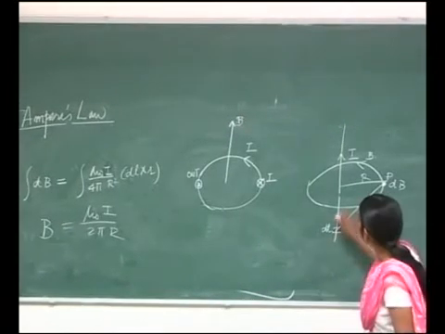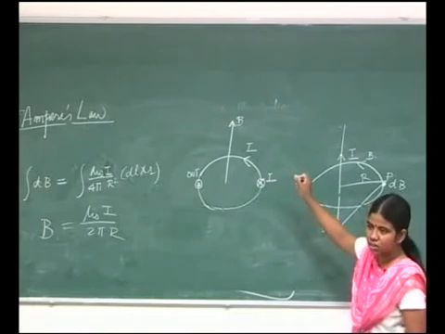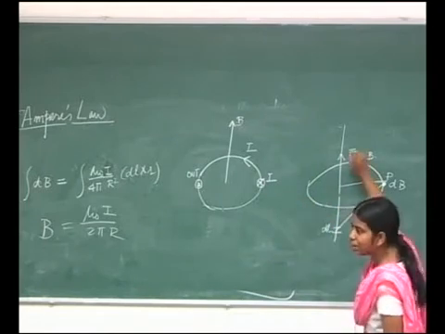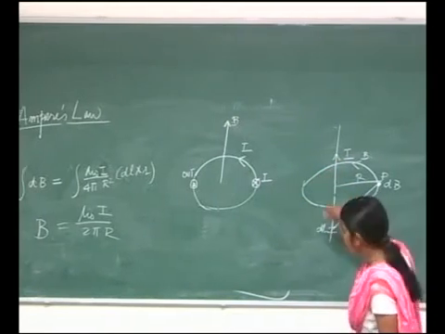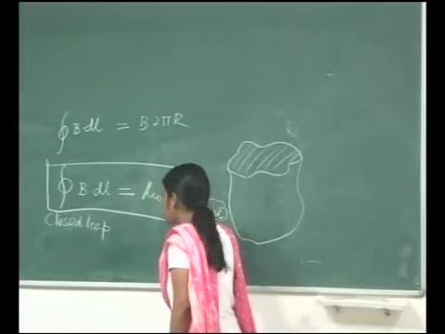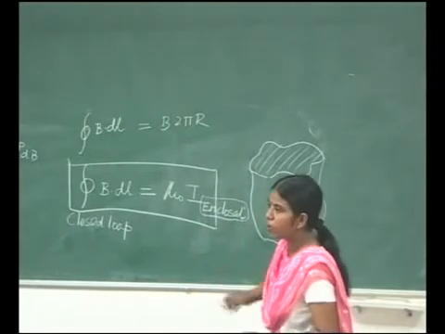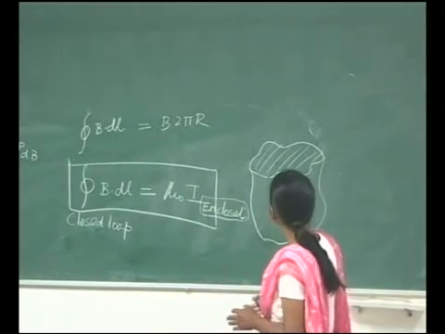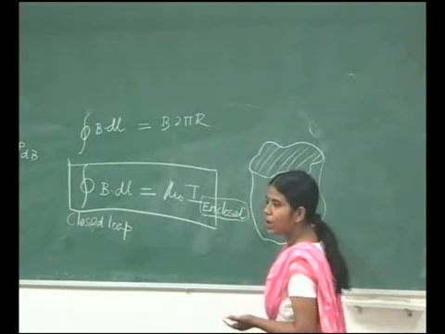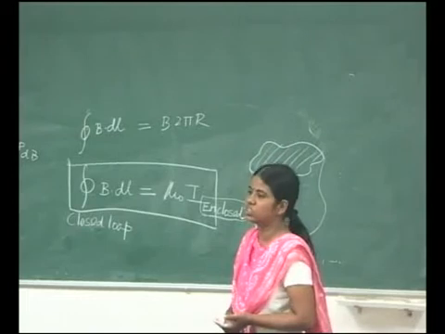It is the current that is penetrating through the open surface. So this term enclosed, which we generally use, is not very well defined for Ampere's law, because it does not matter what type of loop you have. It is more important that your current should be penetrating through a surface.